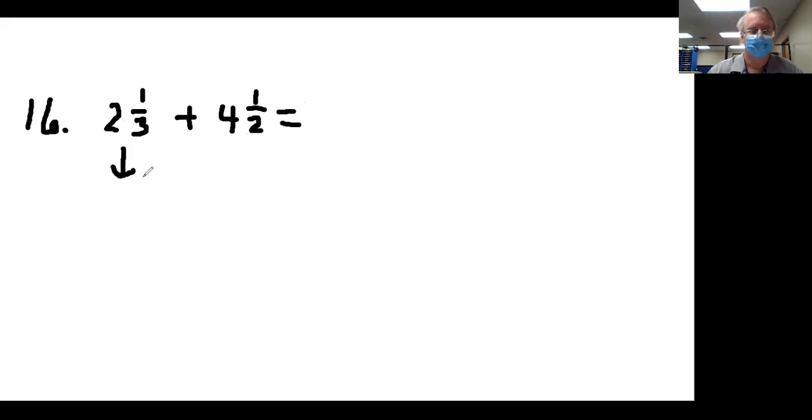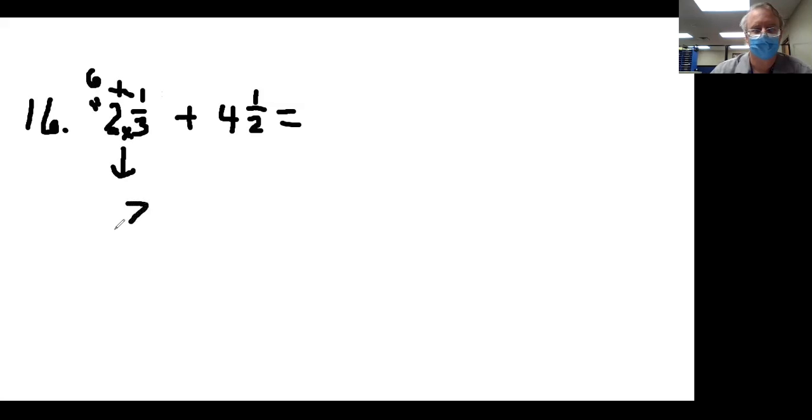And in order to do that, you multiply the denominator times the whole number plus the numerator. So 3 times 2 is 6. 6 plus 1 is 7.